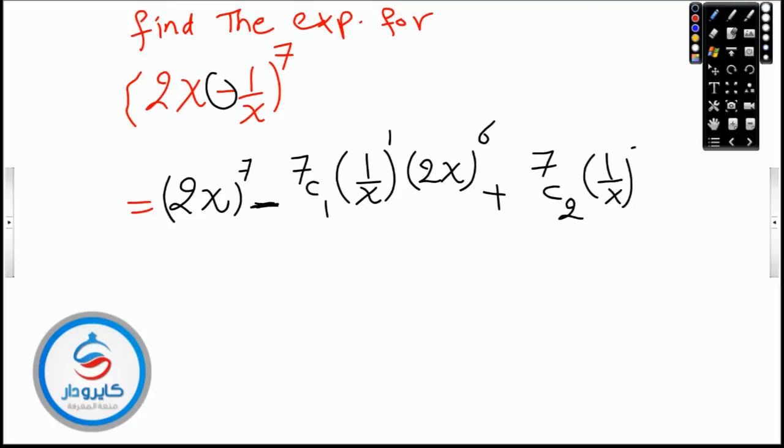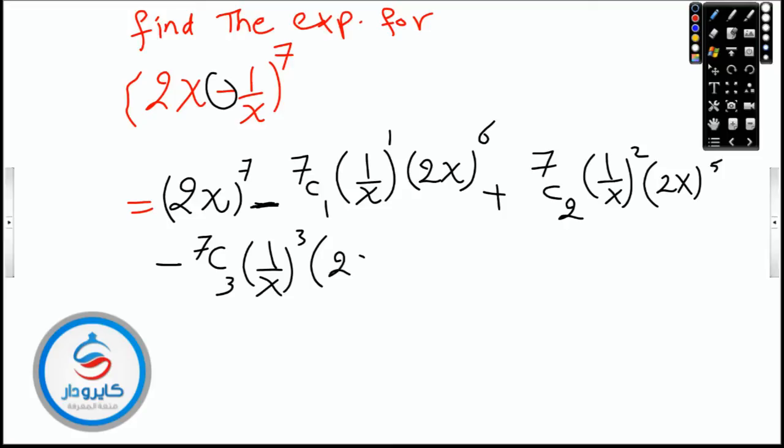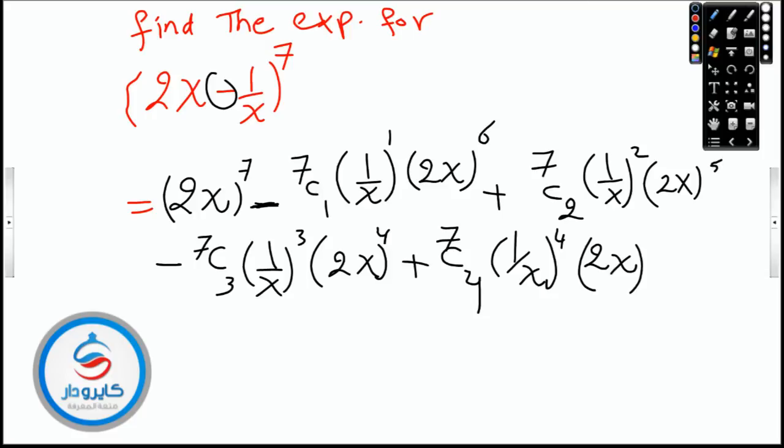Second power till first power difference. Positive, negative, positive, then will be negative. 7c3 1 over x to the power of 3, 2x to the power of 4. Negative, like positive. 7c4 1 over x to the power of 4 multiply 2x, 7 minus 4 equals 3.